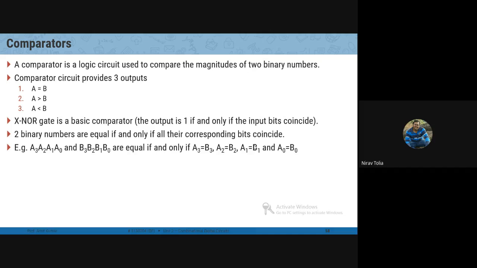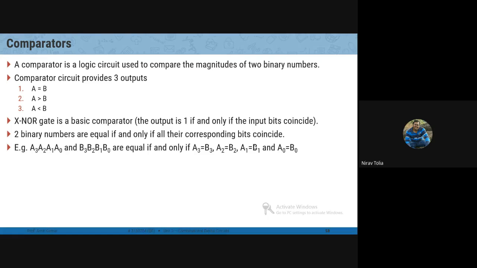So if A3 equals B3, A2 equals B2, A1 equals B1, and A0 equals B0, then we can say A equals B. So all the four bits must coincide with each other for equality.